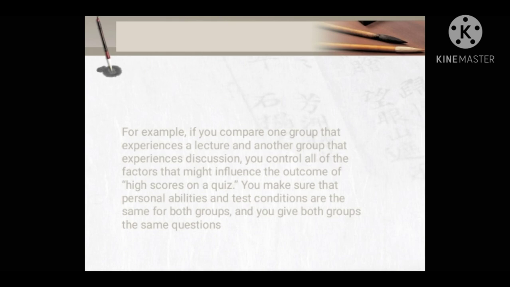You control for all variables that may influence the outcome except for the difference in types of instruction, lecture or discussion. You also use an experiment when you have two or more groups to study, as in this lecture versus discussion example.